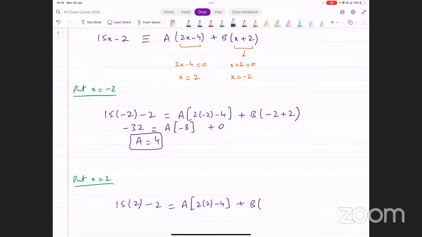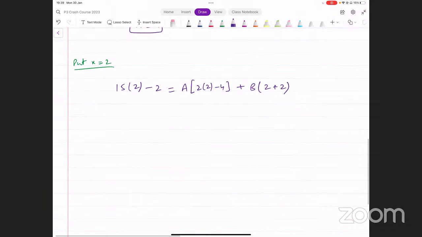That is b into 2 plus 2. All right, let's simplify this now. We've got 30 minus 2, which is 28, equals 0. This whole thing becomes 0. How is that helpful? Because a gets eliminated now, and we have 4b left. We can find the value of b from this. b turns out to be 7. This is the value of b that we've got now.